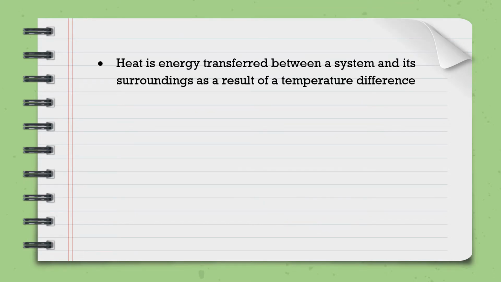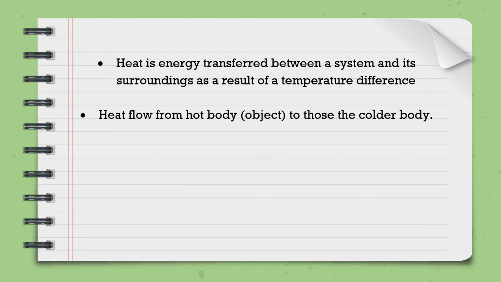Okay. So heat is transferred between a system and its surrounding as a result of a temperature change. So this we have discussed earlier. Okay, it's everything about heat. Heat will flow from a hot object to a colder one. It will flow from higher temperature to lower temperature. And again, I said it will always be like that.